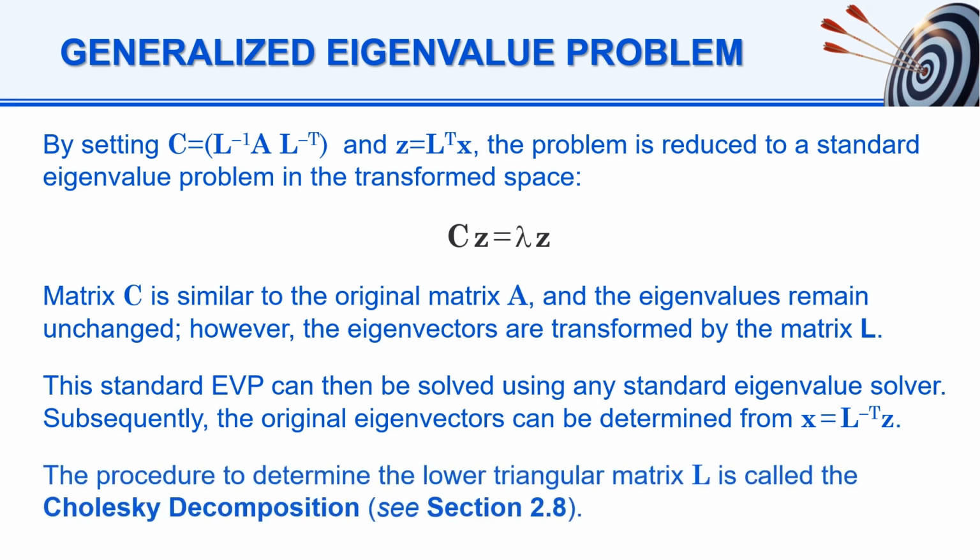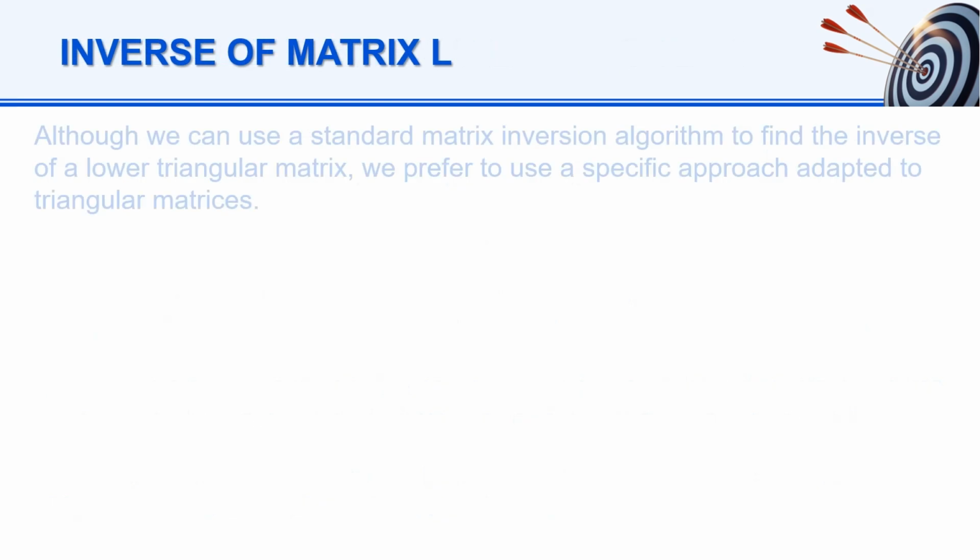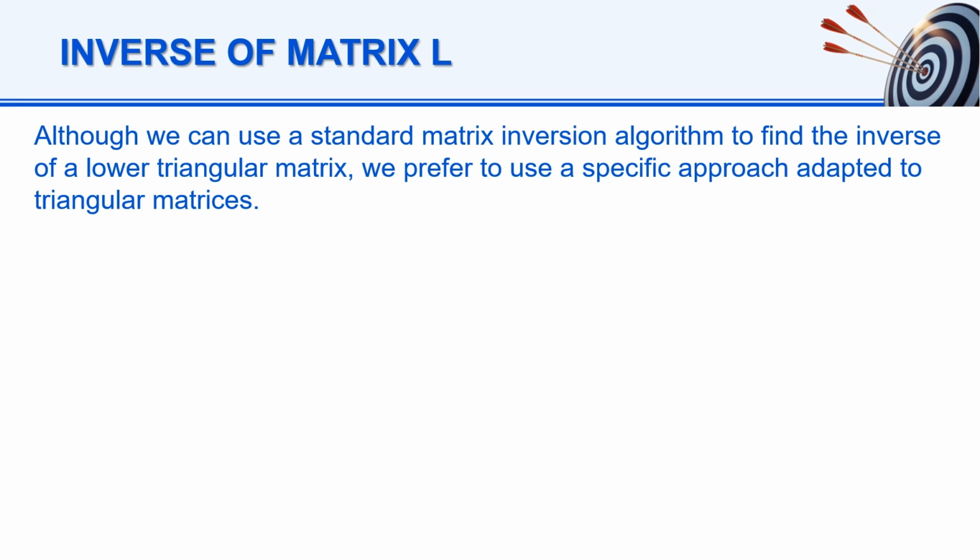The procedure to determine the lower triangular matrix L is called the Cholesky decomposition and is covered in section 2.8. Although we can use a standard matrix inversion algorithm to find the inverse of a lower triangular matrix, we prefer to use a specific approach adapted to triangular matrices.